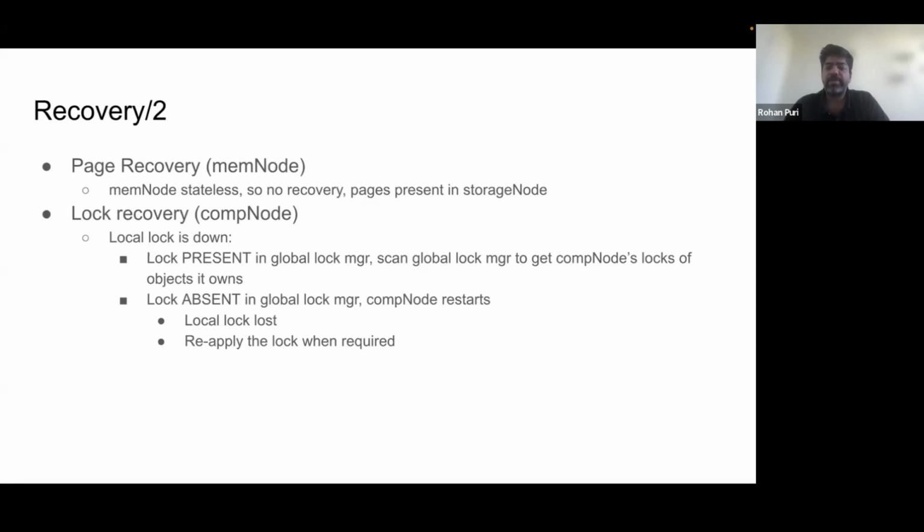If the lock is absent from there, you were the owner, so you just restart yourself. The local lock information is lost because it was not there in the global one also. When you restart the operation and request the lock again, it will be a fresh lock and you will reapply the locking as part of the query processing.